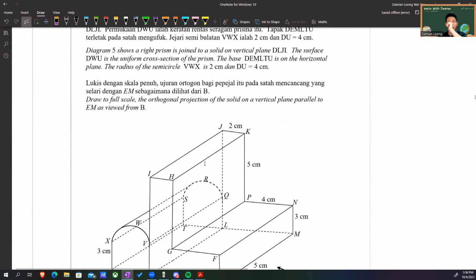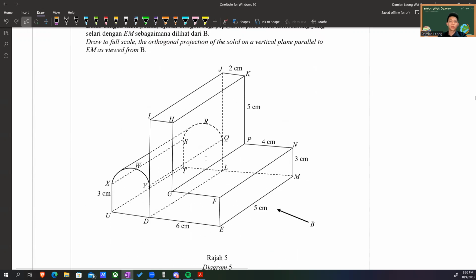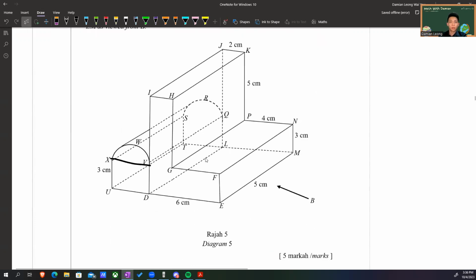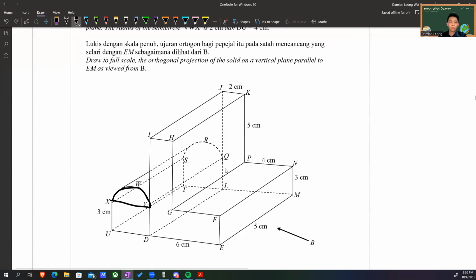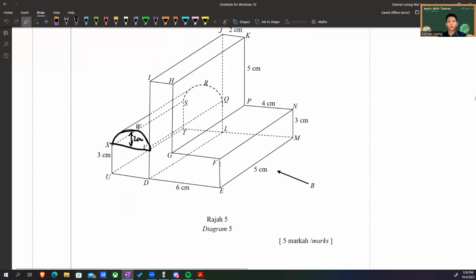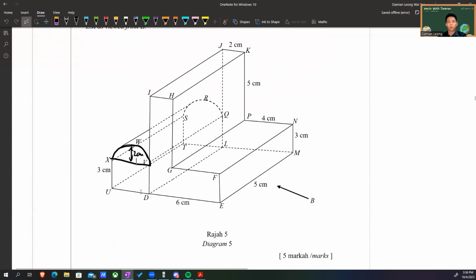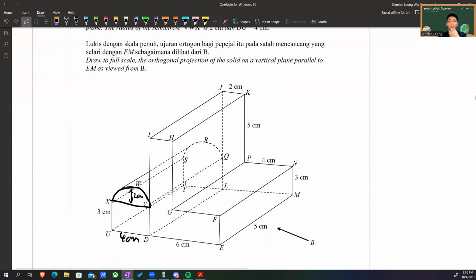The semicircle VWX, this one, has a radius of 2 cm and DU is 4 cm. So let's label this first. I need to draw in full scale the orthogonal projection of the solid on the vertical plane parallel to EM viewed from B.